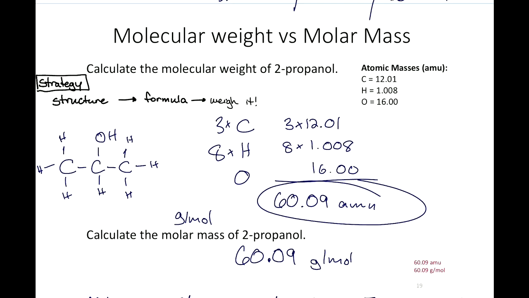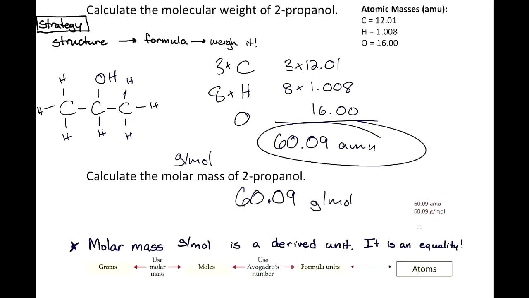It means the same thing, right? So we're going to be using molar mass much, much more often. And the reason is, look, the unit is grams per mole. So remember in chapter 1 where I said cool conversion factors come from units that have fractions in them, right? Molar mass is a derived unit.